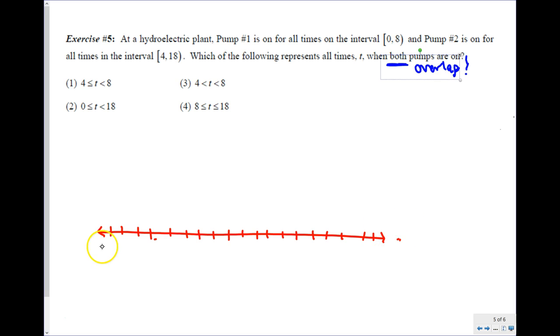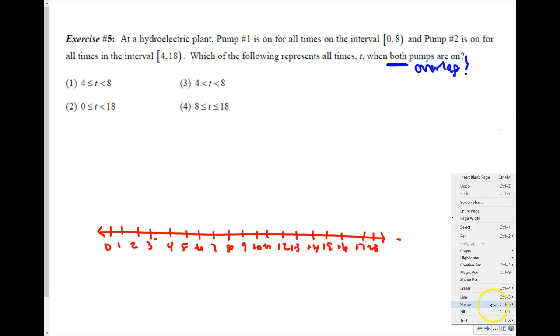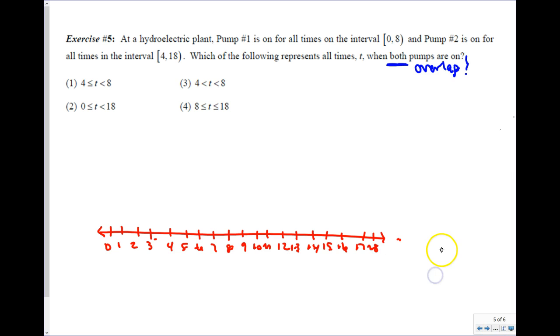I'm going to label it 0, 1, 2, 3, 4. This is taking time, but this is going to help you visualize the problem a lot better. Instead of just trying to look at those intervals and guess what they're talking about, this will let us see the overlap. So I'm going to graph this one first, this 0, 8 one first.